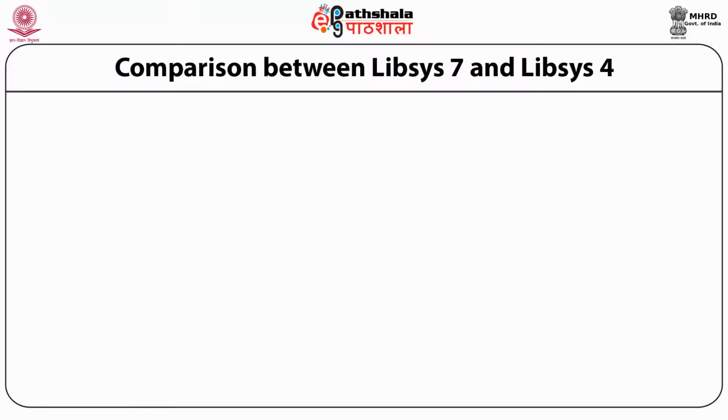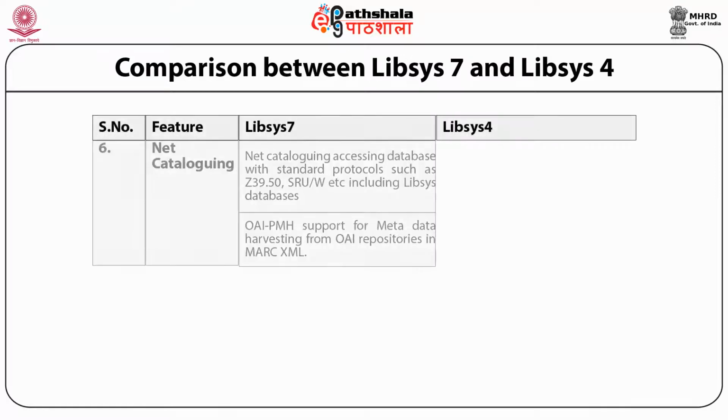Further comparing, Lipsys 7 provides net cataloging accessioning database with standard protocols such as Z39.50 and SRU, including Lipsys databases. It supports OAI-PMH for metadata harvesting from OAI repositories in MARC XML.